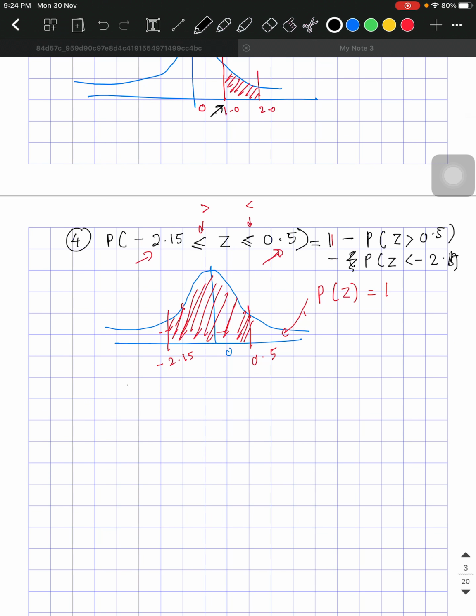Okay, let's do this. P(-2.15 ≤ Z ≤ 0.5) is equal to 1 minus P(Z > 0.5) minus, meaning you have to subtract this part and this part also, and this is how we write it.